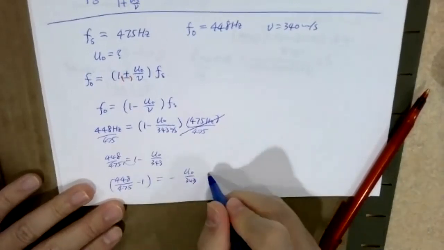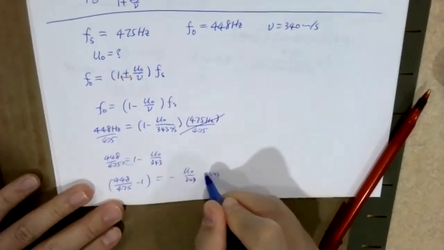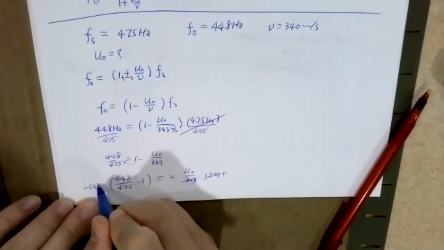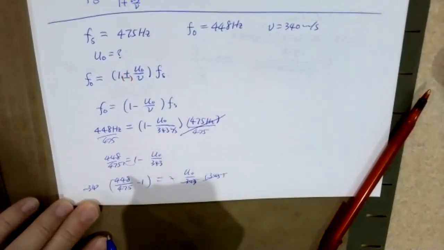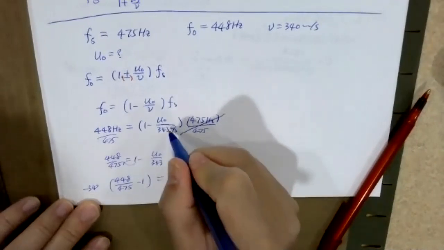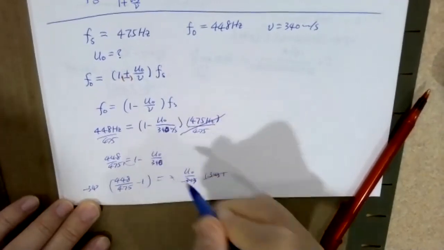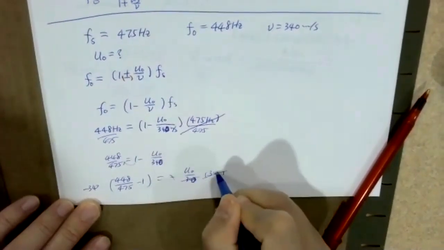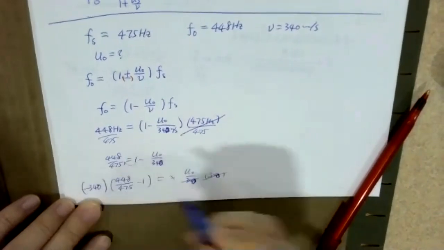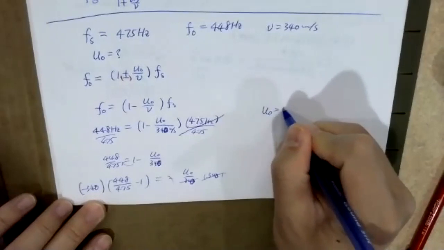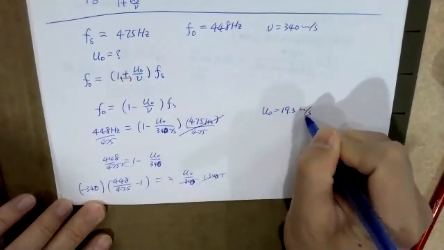You multiply both sides by 343, or negative of it, to get rid of that. Actually it's just 340, sorry. I think we're using 340 in this case. So it turns out your u_o will be 19.3 meters per second.